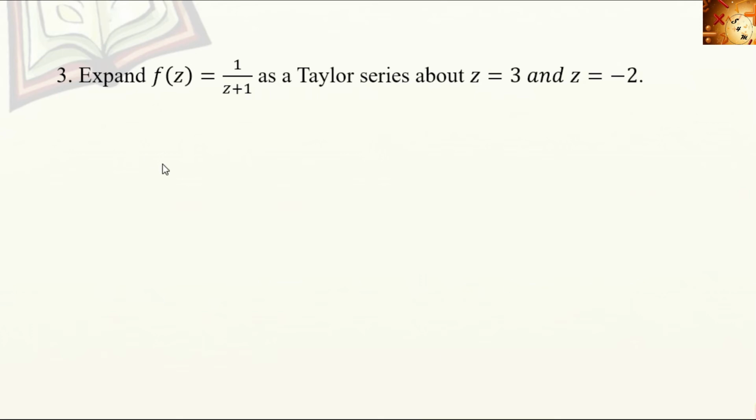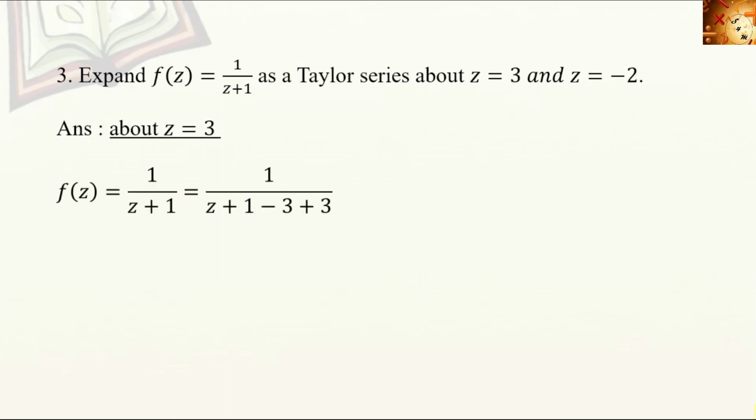So here we want to adjust this function like this, about z equal to 3. So all the factors of the form z minus 3 and its powers. Here f of z equal to 1 by z plus 1. In the denominator along with the z, just add 3 and subtract 3.